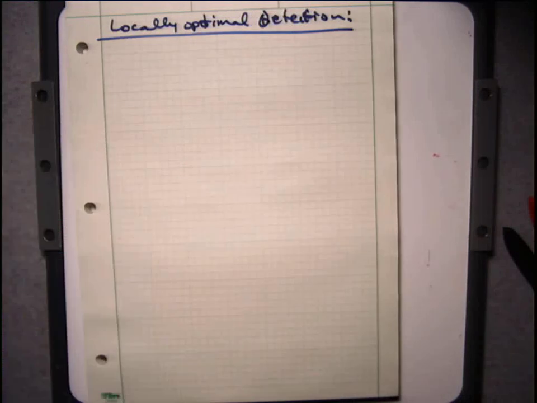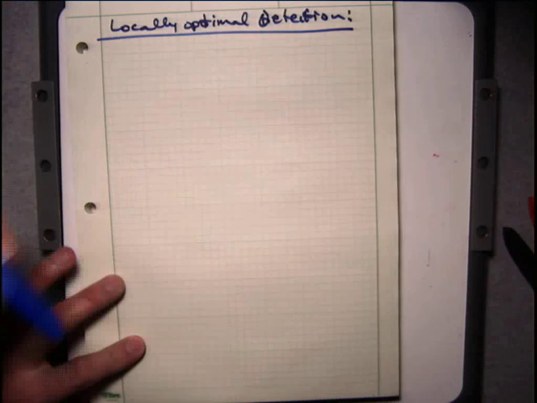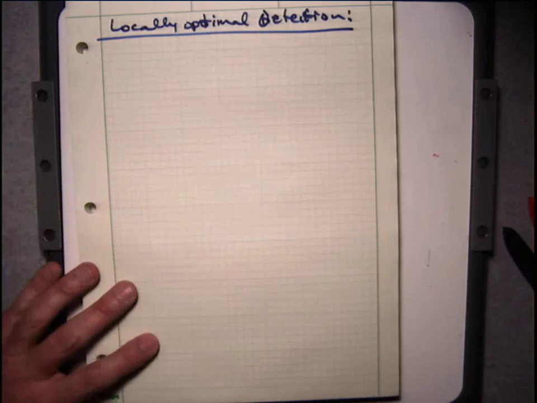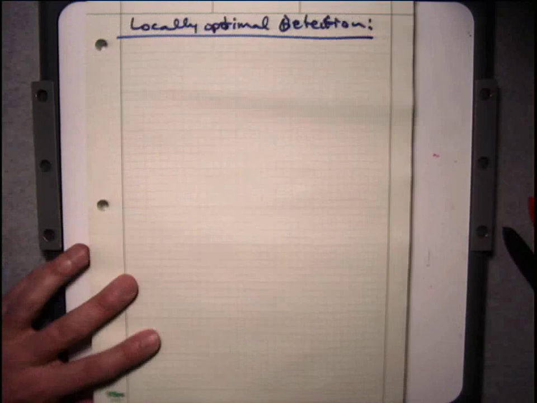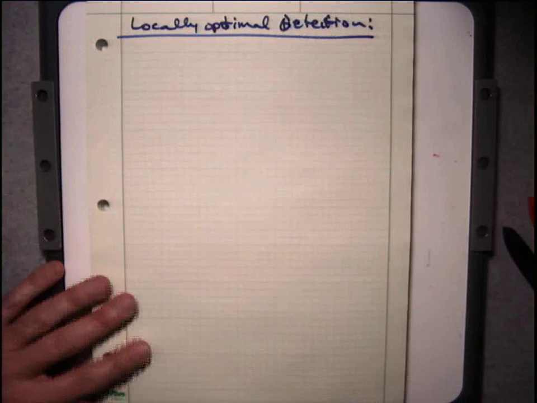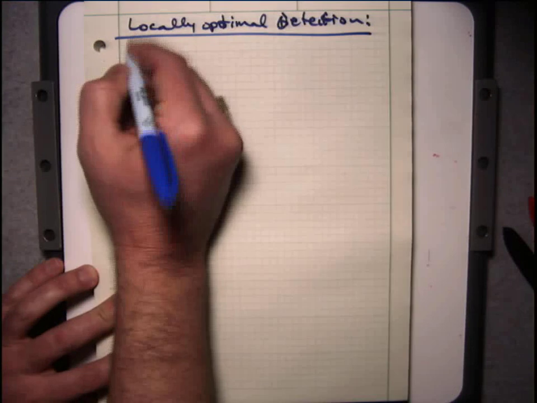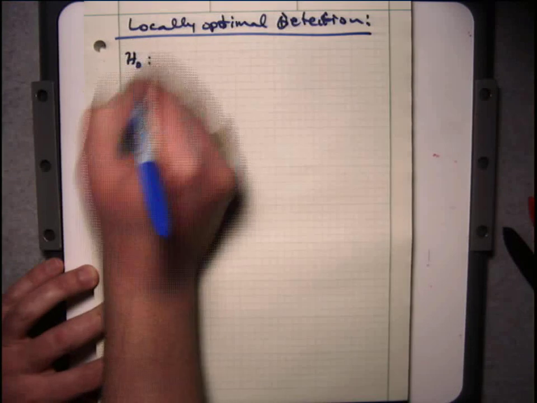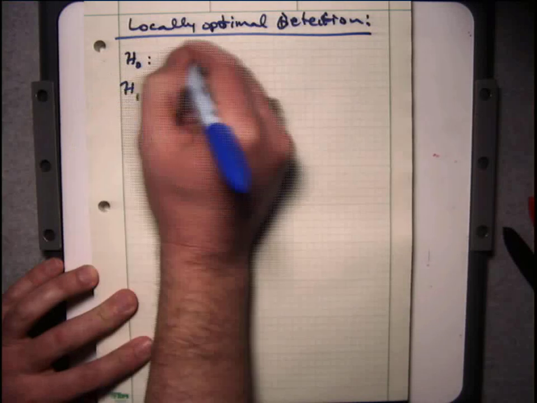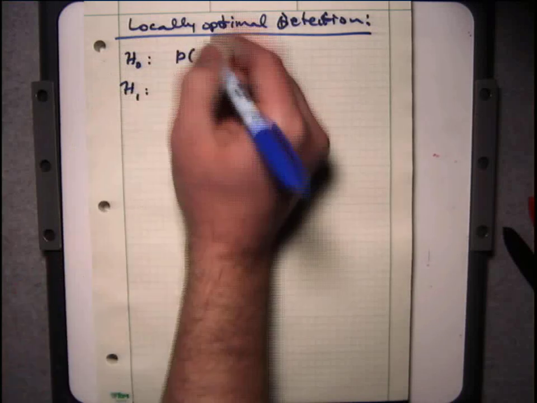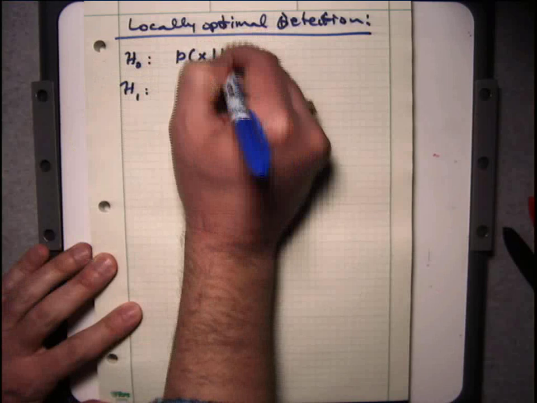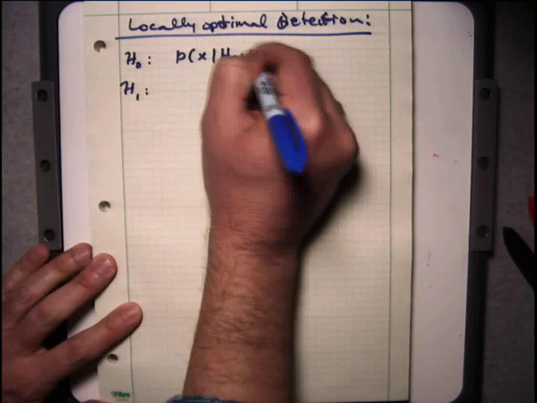Okay, so what's the idea here? The idea is you have something kind of like what we just talked about, except that the assumption we're going to make on A is that it's very small. So let's say you have two scenarios, again, H0 and H1. Under H0, you have the PDF of X given H0 and some unknown parameter theta 0.